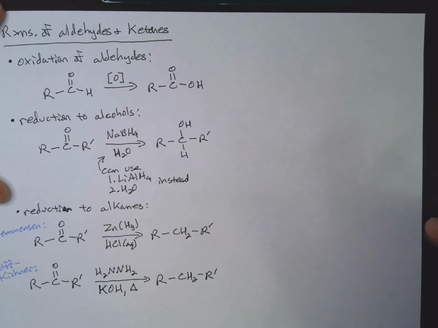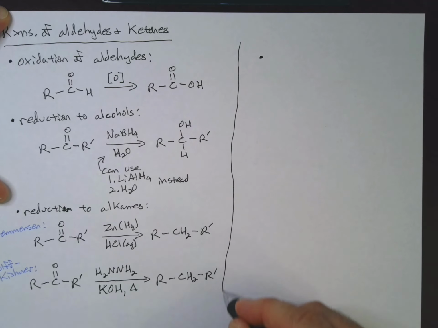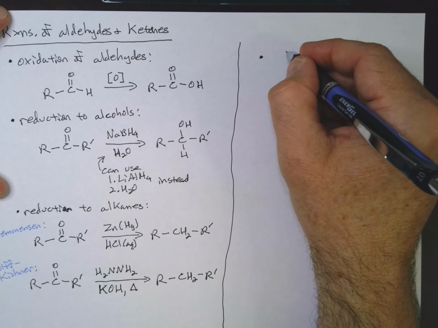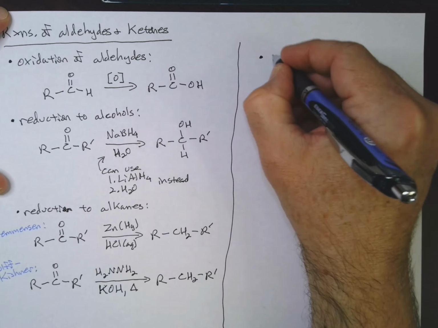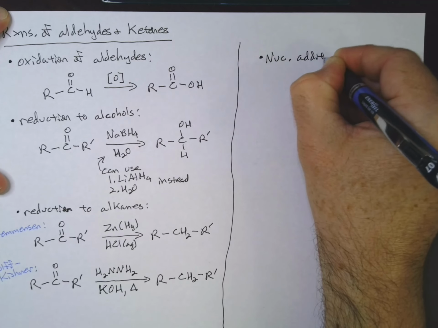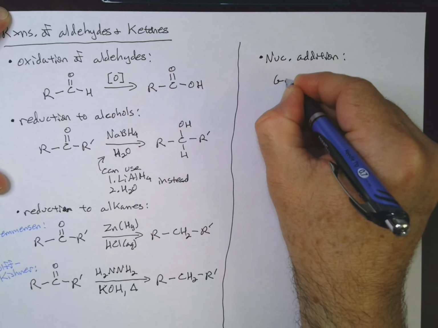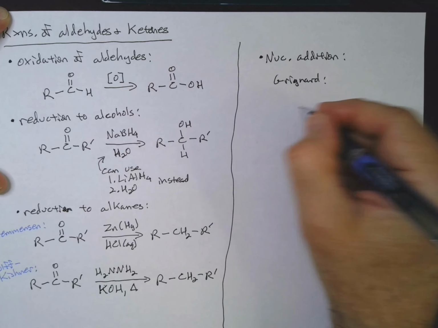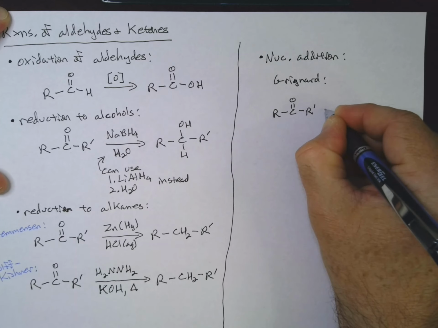We've also seen some nucleophilic addition to carbonyls. For example, we've seen the Grignard, where I would have R, C, double bond O, R prime.